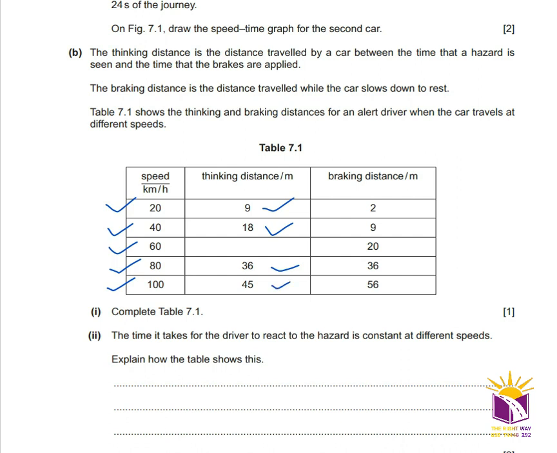So we know that the thinking time remains the same. So for the time calculated by the first one, time will be equal to distance divided by speed. And time will be equal to 9 divided by 20.